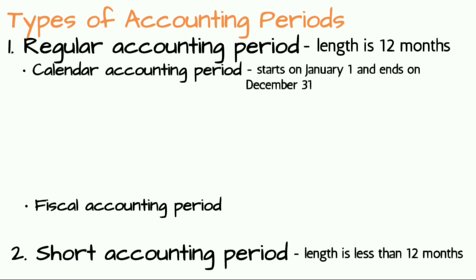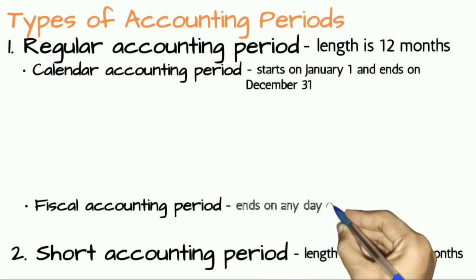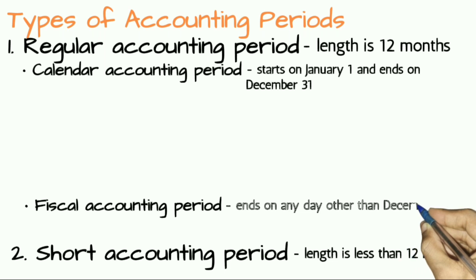Kung mapapansin nyo, yung length of time is 12 months. The difference between calendar accounting period and fiscal accounting period is that fiscal accounting period ends on any day other than December 31. For example, nag-start siya ng February 1.